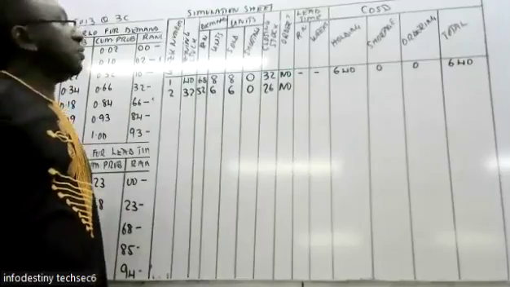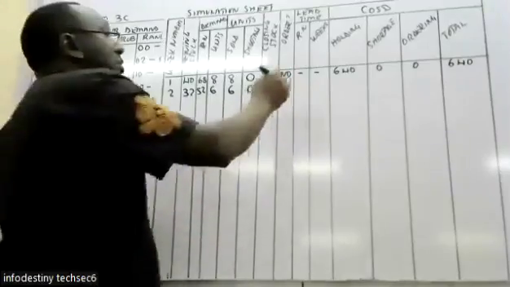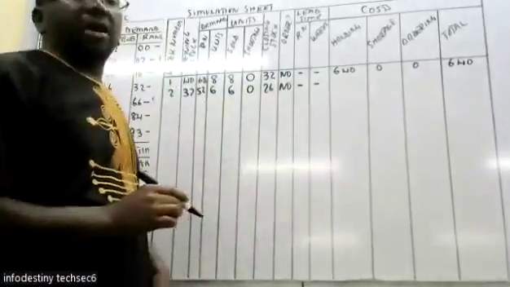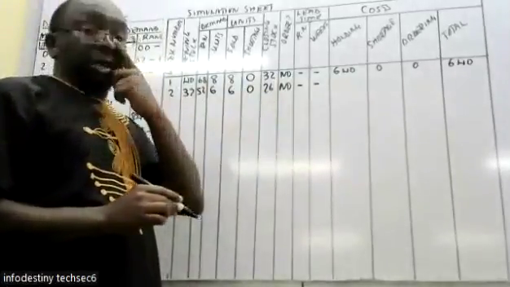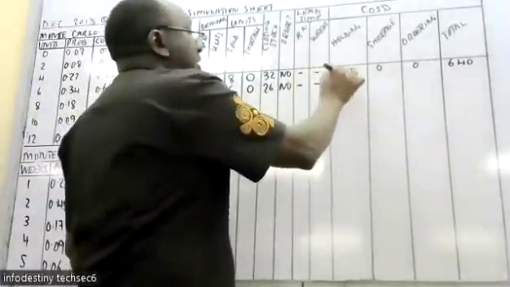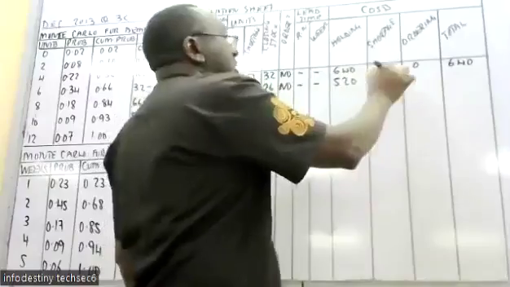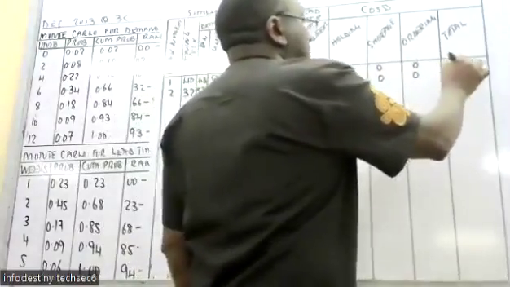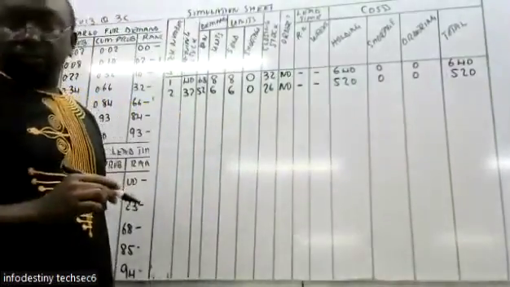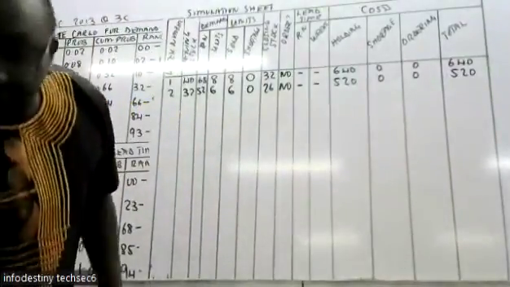Good. So we now proceed. So when you say no, nothing here. So the holding cost now, multiply this 26 by 20. You get 520. No shortage, no ordering. That is 520.